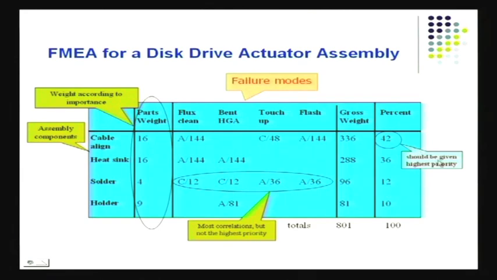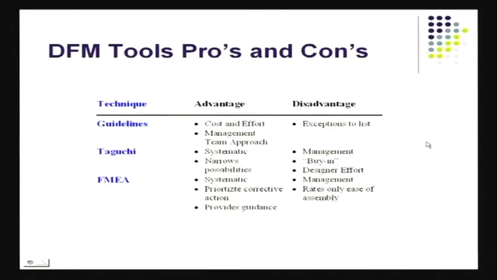So we should be giving the highest priority in terms of tackling it to this issue about the cable alignment not being proper. There are certain guidelines which are also used, and certain tools are used. Guidelines, of course, are there to make sure you've got minimum cost and minimum effort in doing your design, and certainly the final manufacturing.